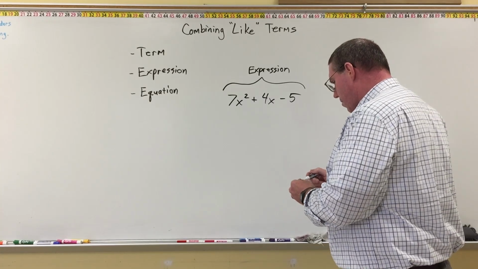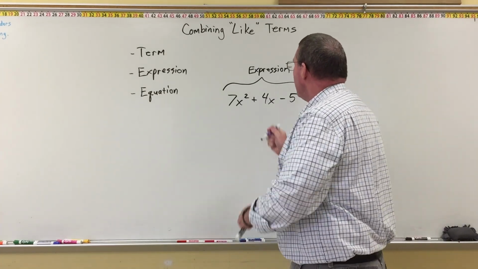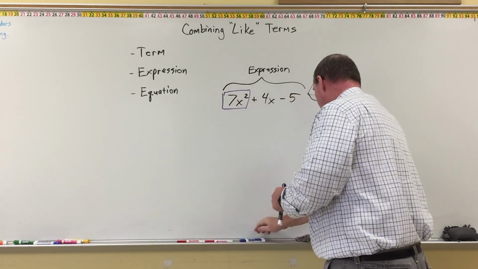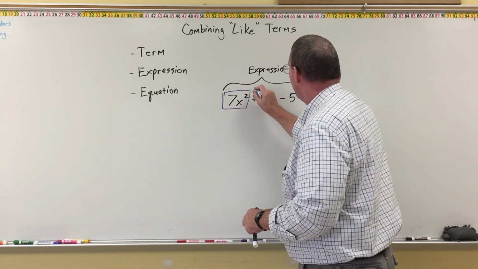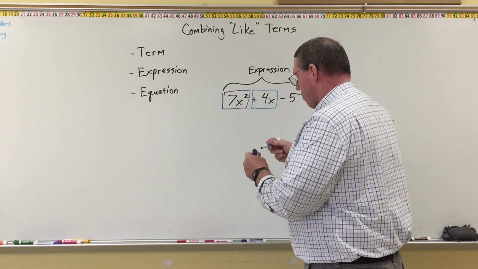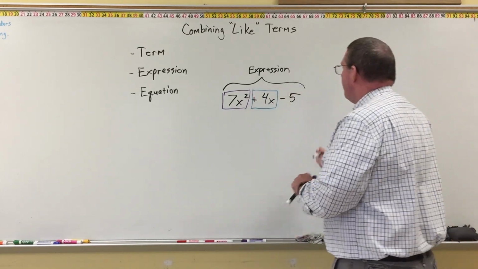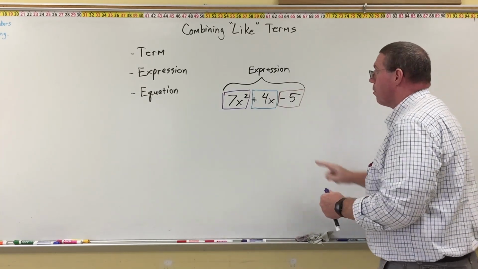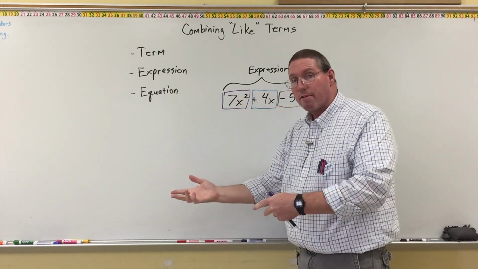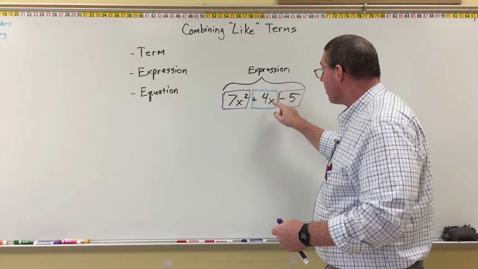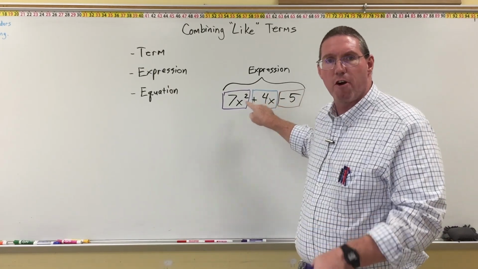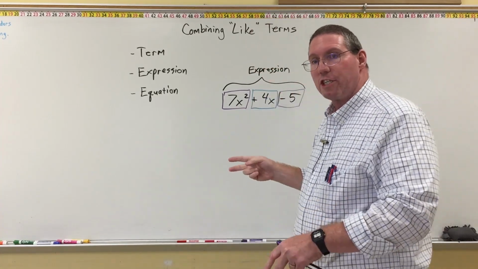But here's what we might say. What we might say is that these individual pieces of the expression can be referred to as terms. Okay? So 7x squared, that's a term. 4x is a term. Now technically this plus symbol is a verb, but it's also an adjective.